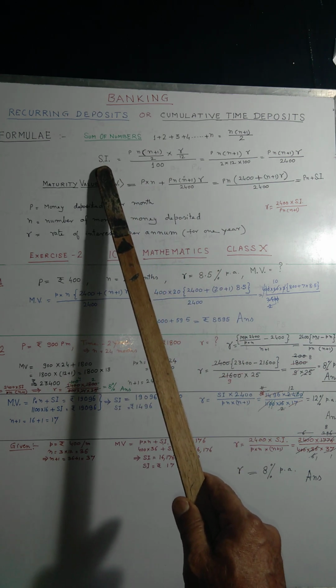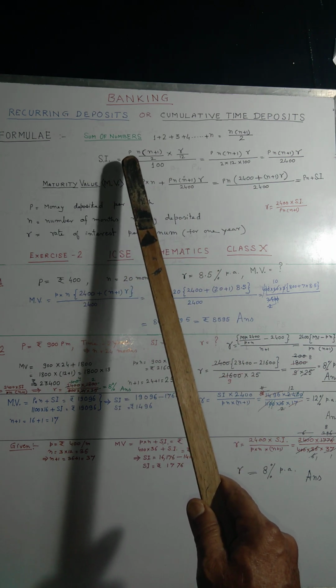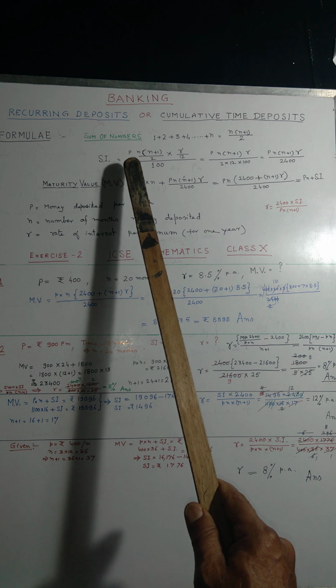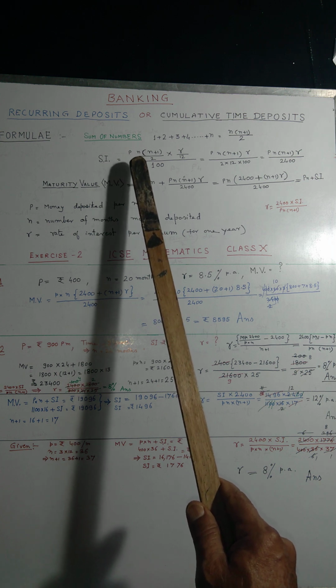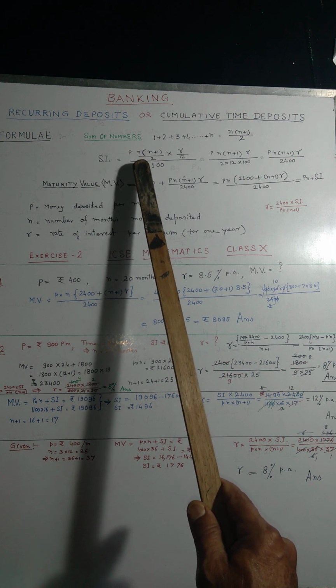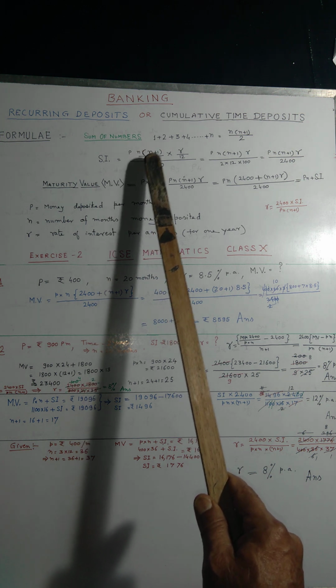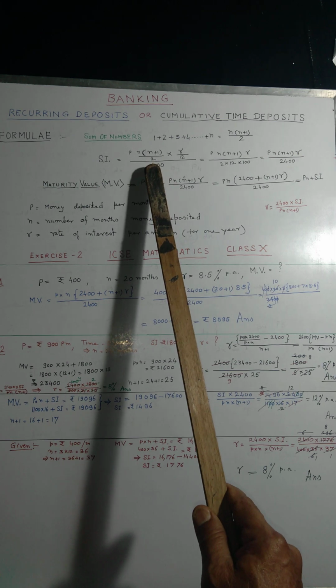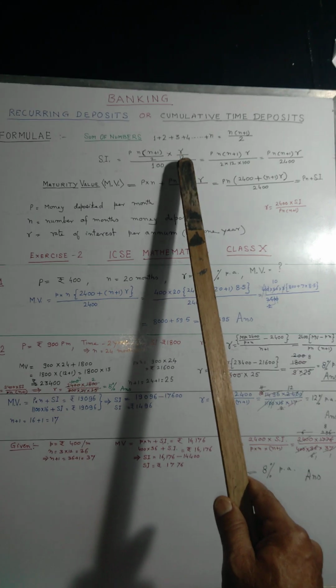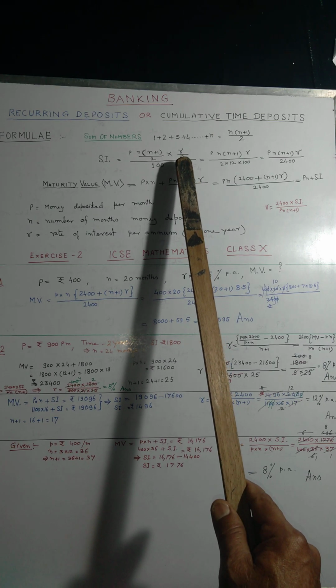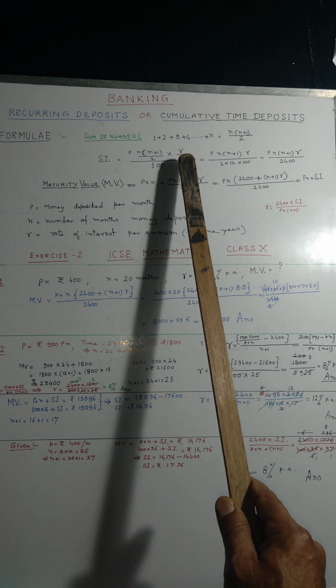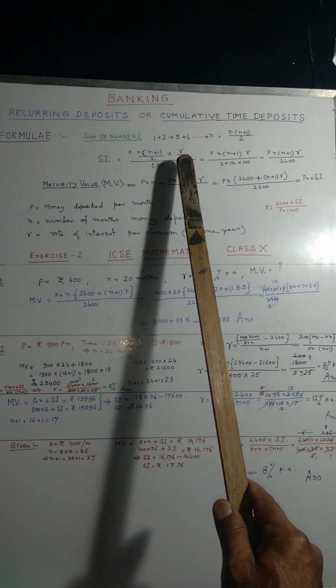Next formula, that is simple interest. If the amount P is deposited per month in the recurring deposit scheme, then the interest is P into n(n plus 1) by 2 into R by 12, because the rate of interest will be charged monthly.